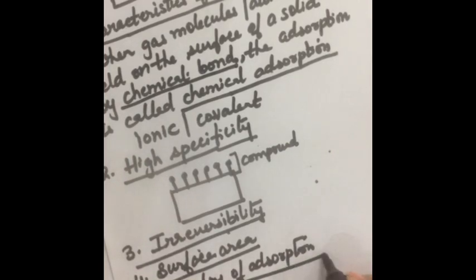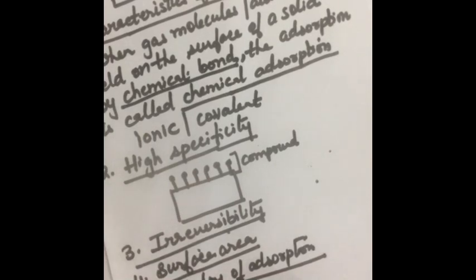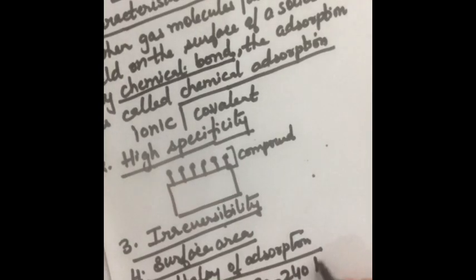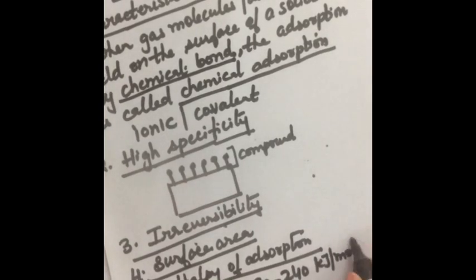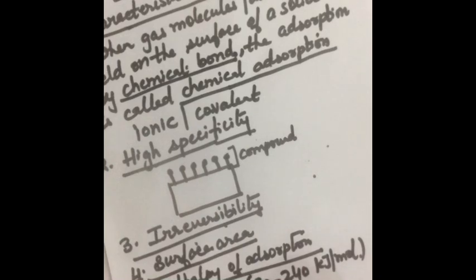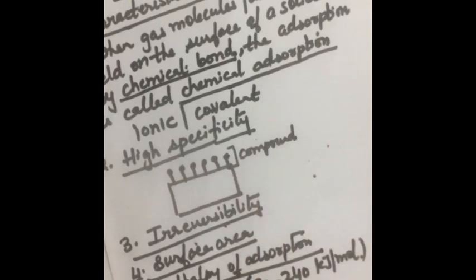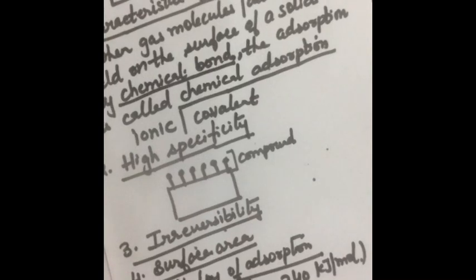When chemisorption is taking place, a high amount of energy is released, 80 to 240 kilojoules per mole, because the bond formed is strong between adsorbate and adsorbent. That is why a high amount of energy is released in the case of chemisorption.